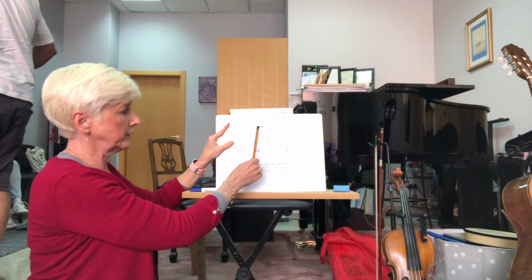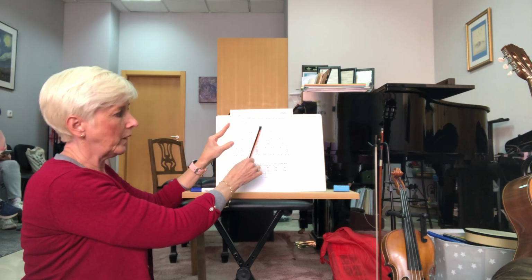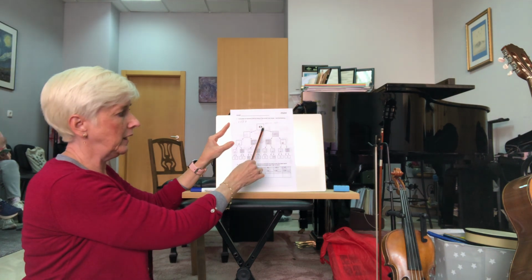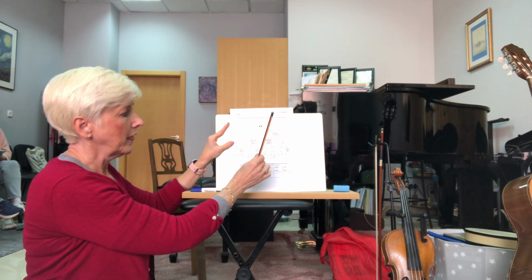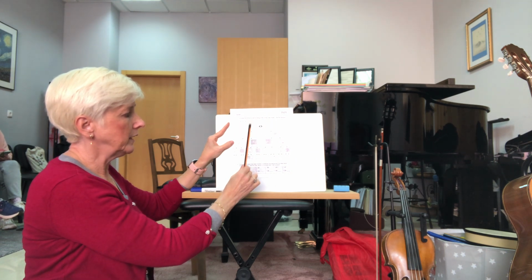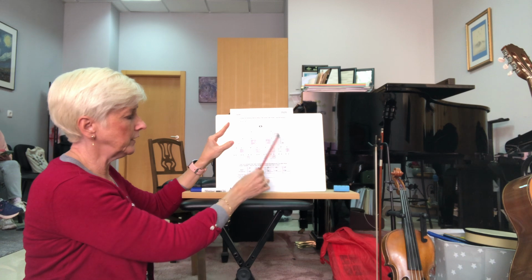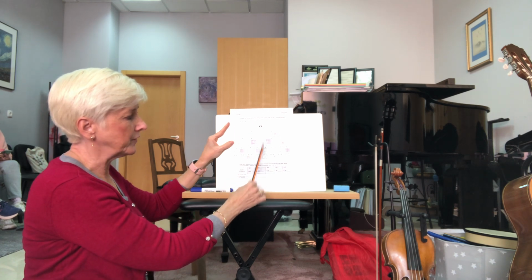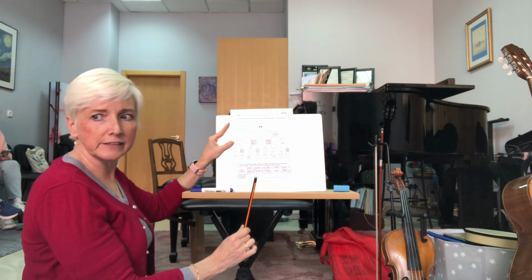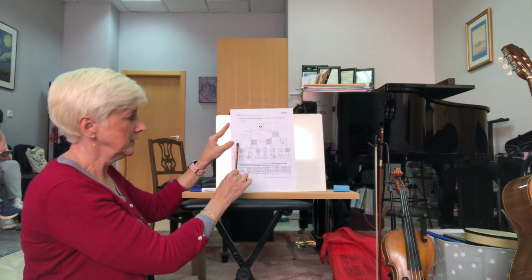Okay, so let's count it so far. 1, 3, 1, 2, 3, 4. 1 and 2 and 3 and 4 and. Good, now follow the bouncing pencil. Ready?